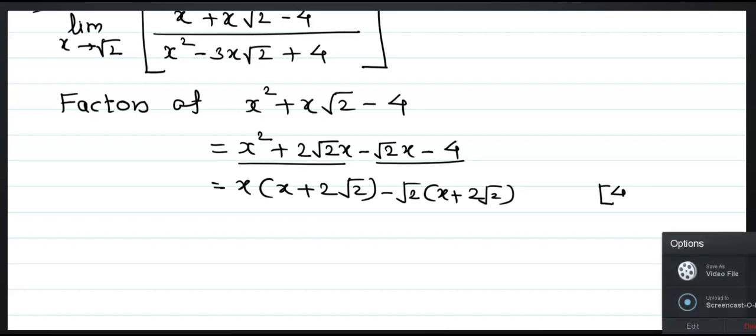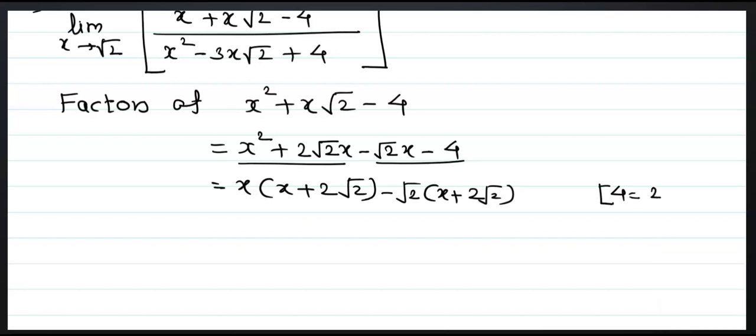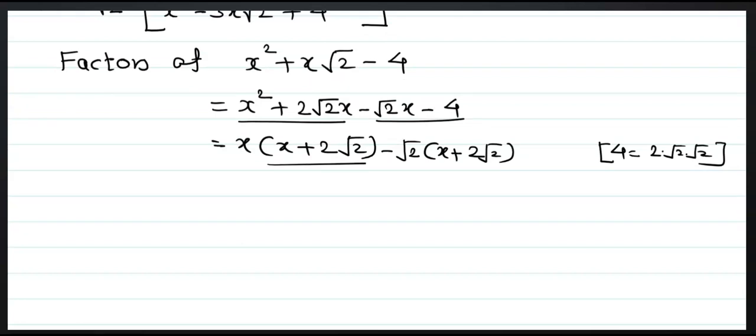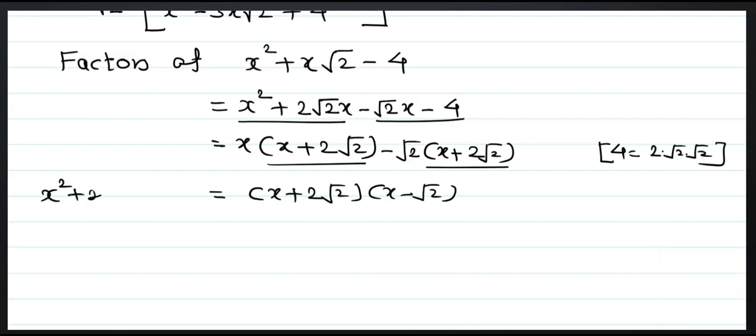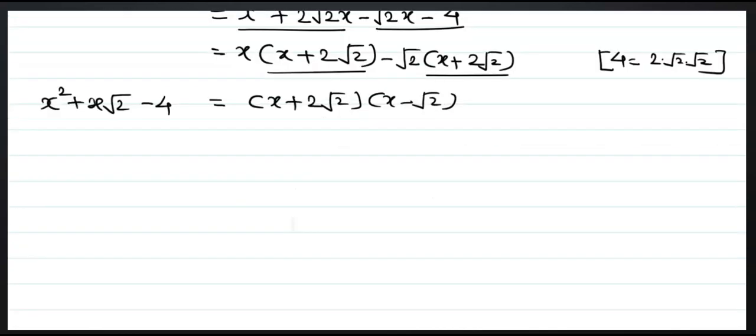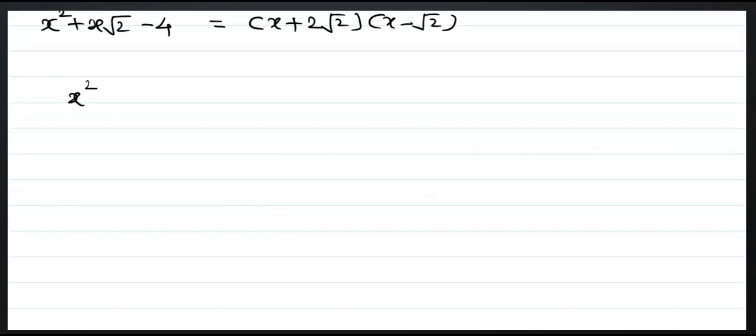Again I had written that 4 can be written like this, this is important. You can write it down also at the same time. These are the factors of this x square plus x root 2 minus 4.